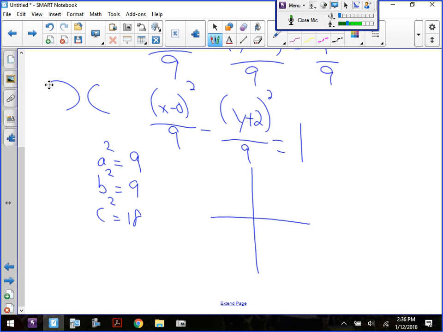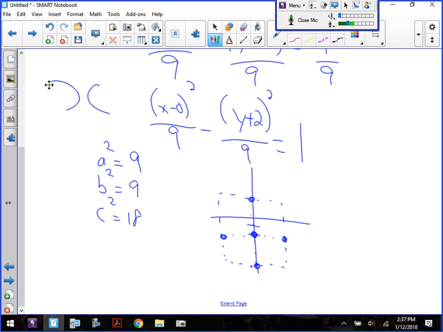So our center is going to be located at 0 and -2. Our vertex is going to go left and right 3. Co-vertex up and down 3. And then I have to make my rectangular box.